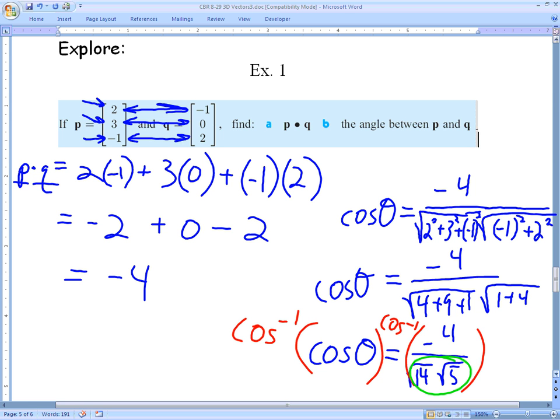And on my calculator, if I'm doing degrees, I end up with the angle equaling approximately 119 degrees, and that's rounded to 3 significant figures. And if I want to do radians, I could say that it is about 2.07.